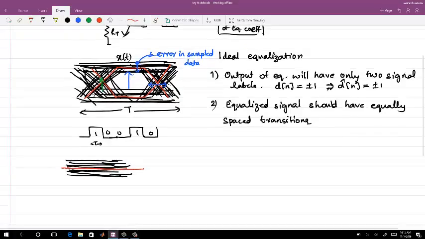So anything which I am seeing is an error around it. If I can use that error, then I will tune my coefficients so that this error gets minimized. And tuning those coefficients based on this error gives rise to your data-based adaptation.